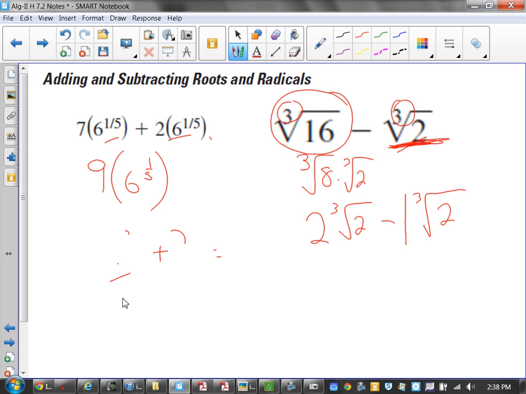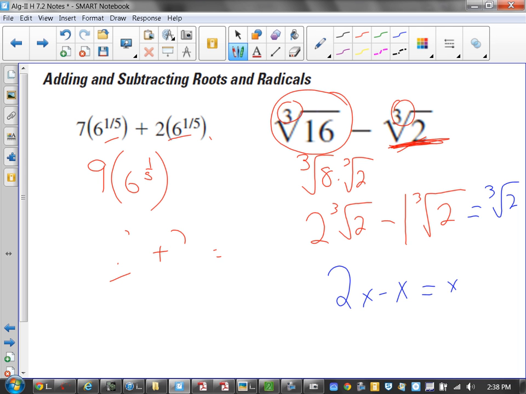Now the reason I put the 1 in front is because most people at this point screw something up. For example, let me show you this. What's 2x minus x? X. Good. So what's 2 cube root 2 minus 1 cube root 2? Cube root 2. Good, you didn't screw it up.